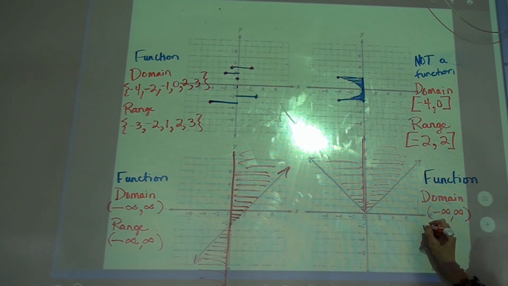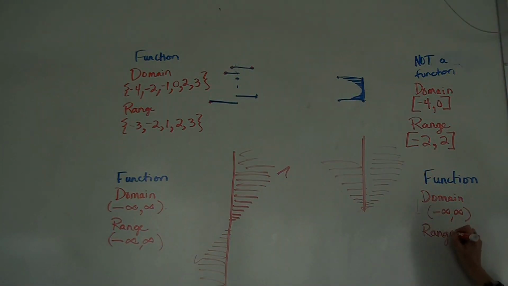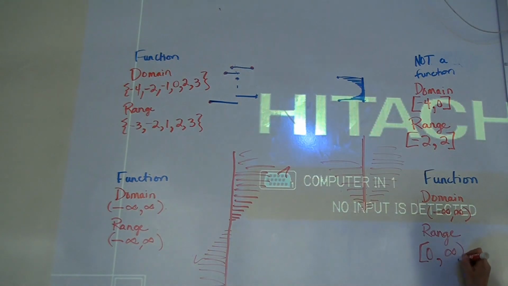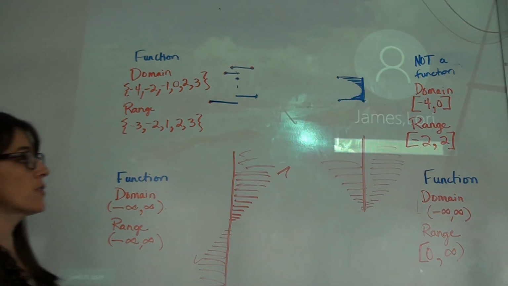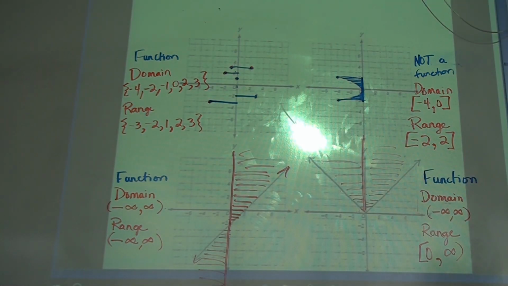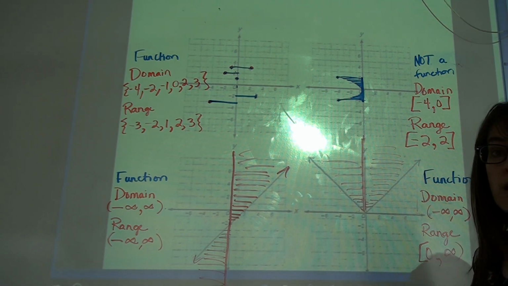So this one is going to go not all the way down to negative infinity, but at 0, going up to positive infinity. And so that's how we get the range on that one. So as you can see, from 0 to positive infinity will be the range.